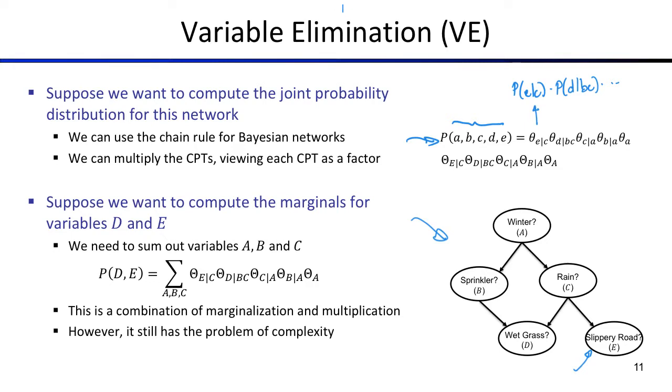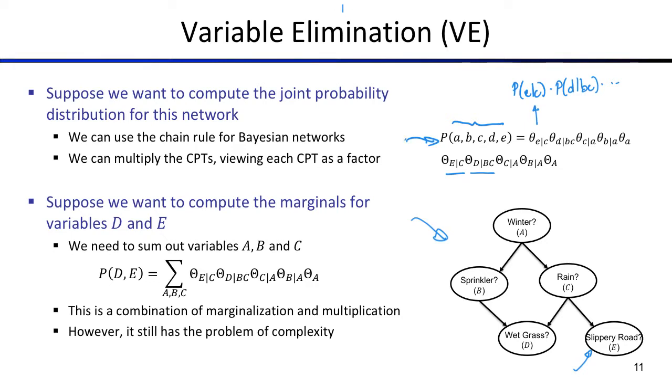We can do that in a slightly different way, thinking about multiplying the tables instead of multiplying numbers. In this case, we're going to take an entire table that represents all possible assignments for the variables E and C and multiply by another table that has all possible assignments for the variables D, B, and C, and so on. So we are multiplying the factors. The end results are going to be the same.